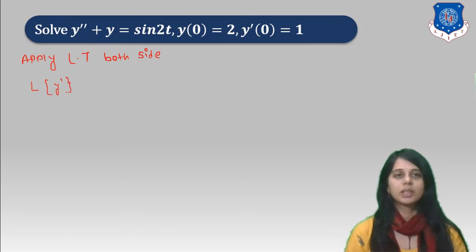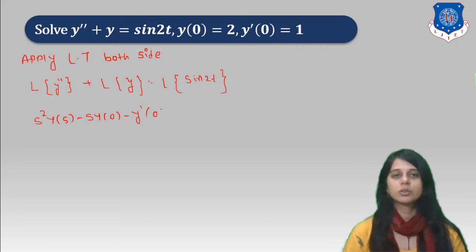Laplace of y double dash plus Laplace of y equal to Laplace of sin 2t. It is s square y of s minus s y of 0 minus y dash 0 plus y of s equal to 2 upon s square plus 4.